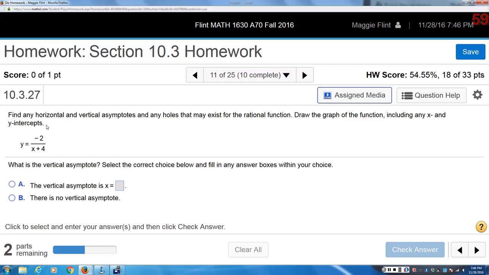Okay. Find any horizontal and vertical asymptotes and any holes, and include any x and y intercepts. Okay. x plus 4 is equal to 0 when x is equal to what? Negative 4.